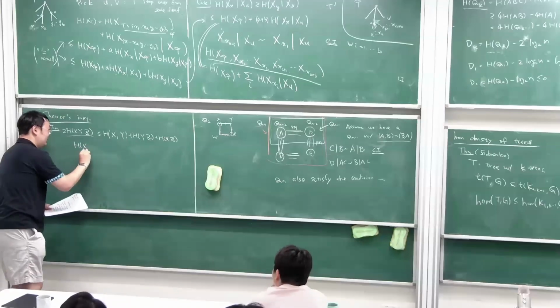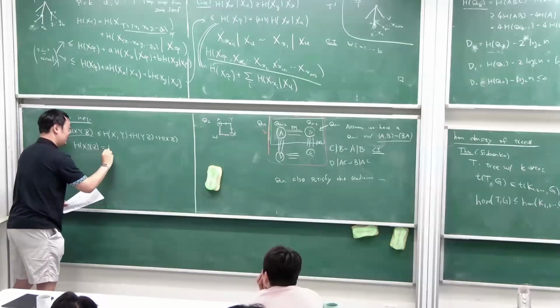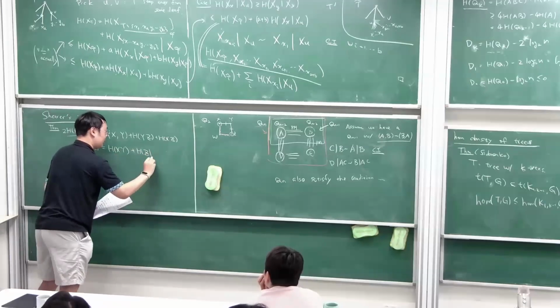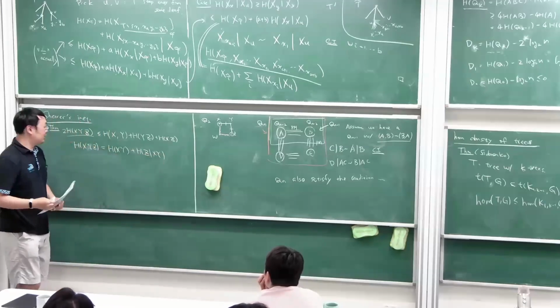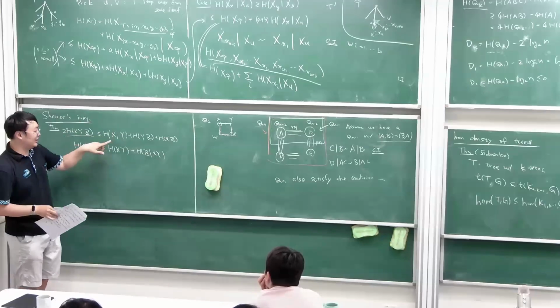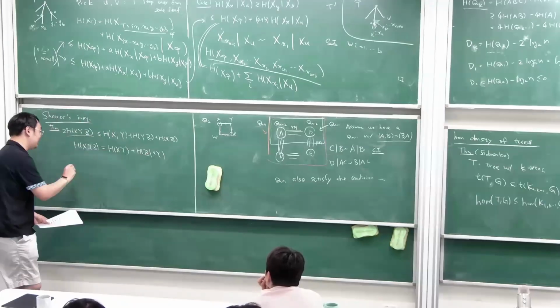So I'm going to show you a simple proof. We want something that looks like the right-hand side. So let me write the left-hand side in terms of one term of the right-hand side plus some extra conditional entropy, and we can do this symmetrically.